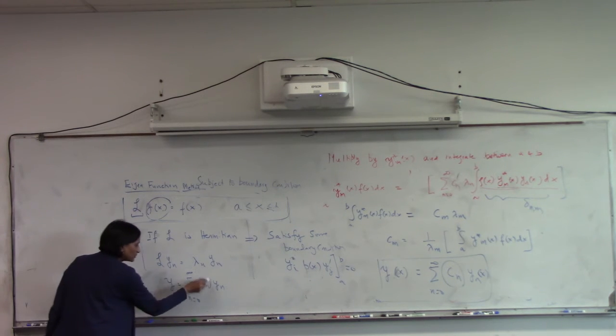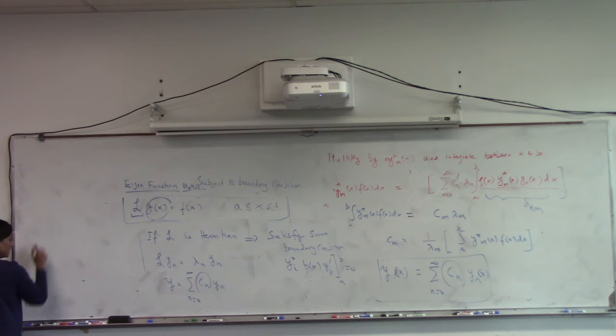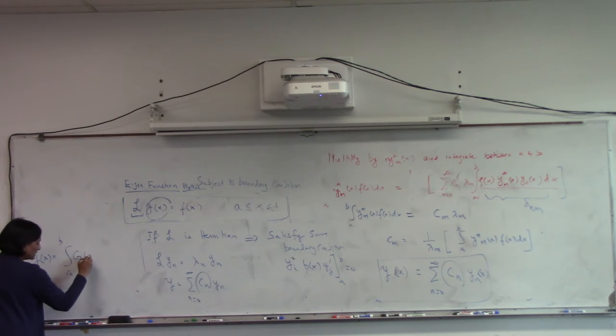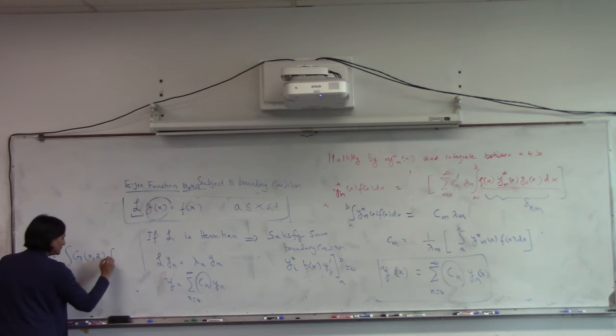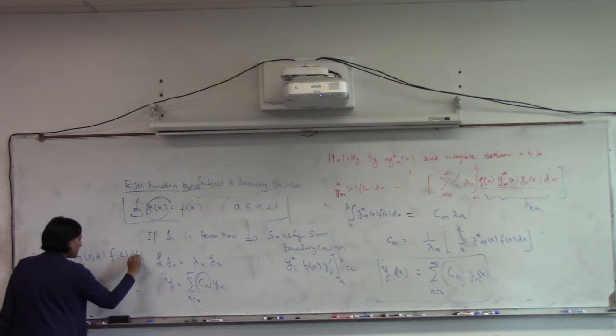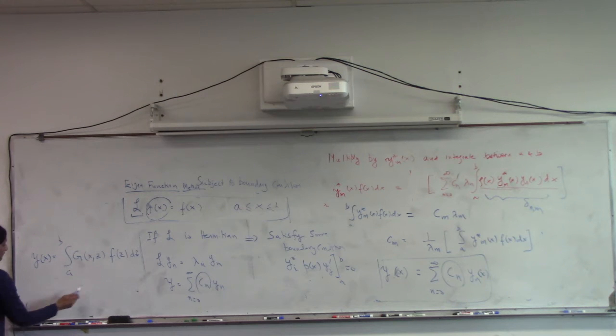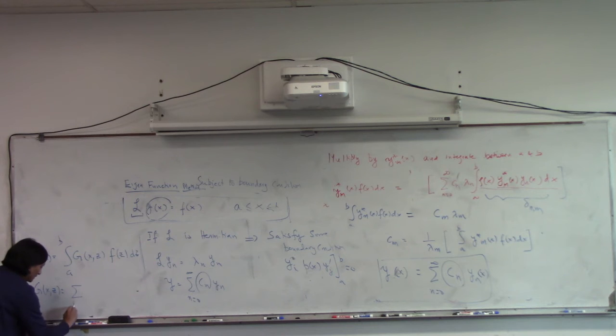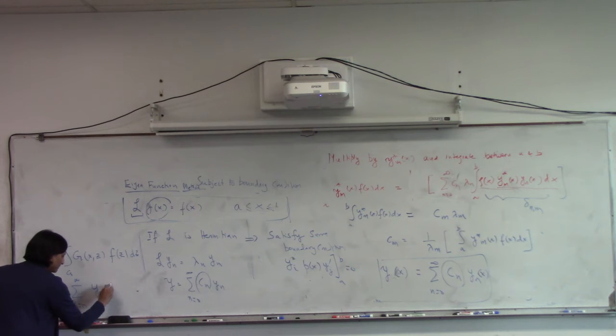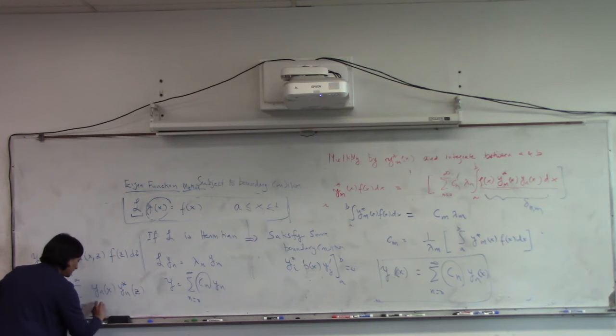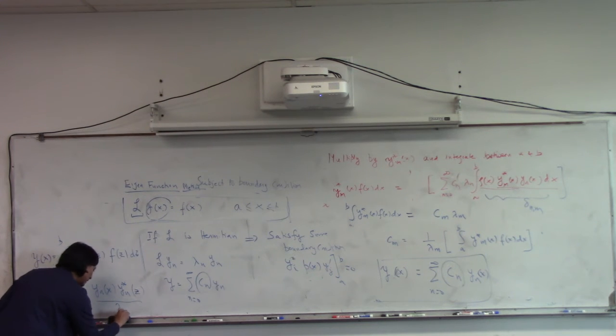We just evaluate what this coefficient should be, and then based on that, the solution is nothing but the integral of the Green's function, which is a function of two variables, G(x,z) f(z) dz, where G(x,z) is nothing but the sum of y_n(x) y_n^*(z) divided by lambda_n, which is the eigenvalue.